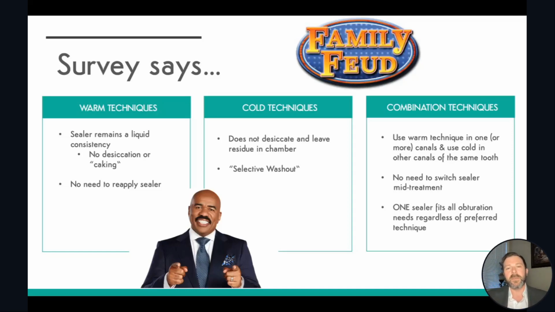Well, that's bioceramic, and we know that it's decreasing the bond strength of our core, of our post, to the tooth structure itself. And in combination techniques where you're using warm in one canal and cold in another, you don't have to worry about changing techniques from a high flow to a regular BC, because NeoSealer Flow does either one with ease. You don't have to worry about an insufficient fill or seal, or chemically changing the sealer during the heating technique.